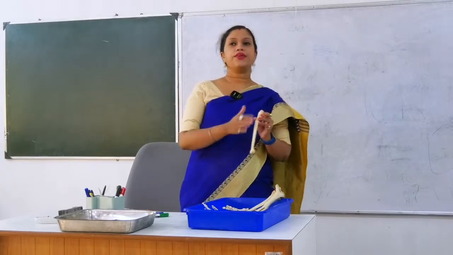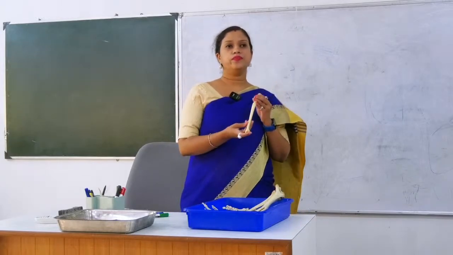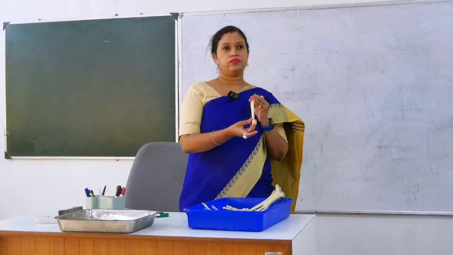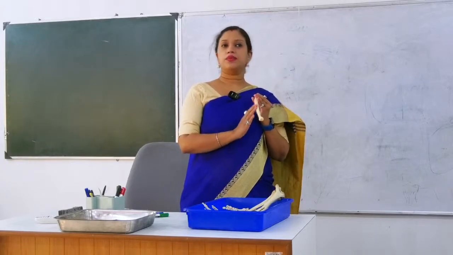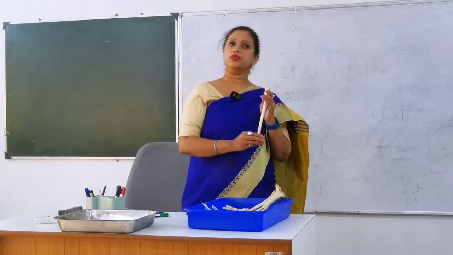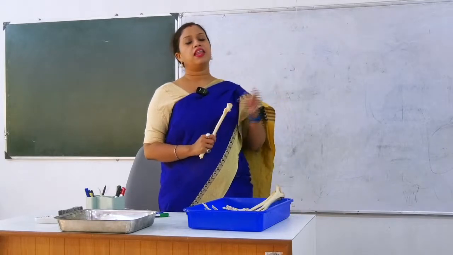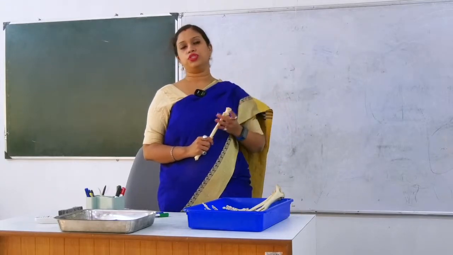So medial, lateral, and another one is anterior. Now tell me the surfaces. This is the medial surface, this is the lateral surface, and the posterior surface. So write it down: there are 3 surfaces, medial, lateral, and another one is posterior.